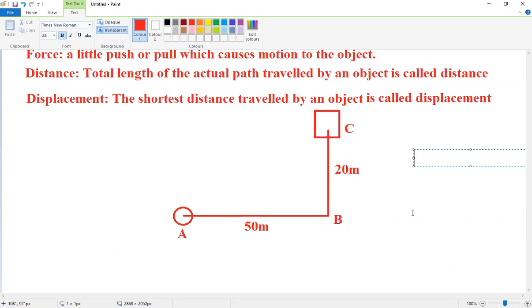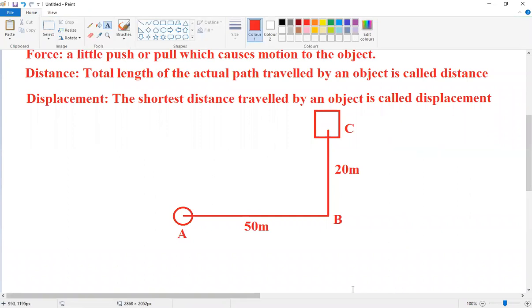But suppose somebody asks you about displacement, then how can you define it? We have defined displacement as the shortest distance traveled by an object.